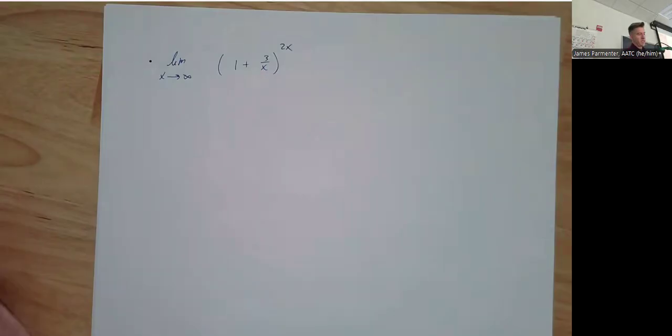And with experience, you'd be like, cool, that's going to be e to the 6th. We're going to show the work still, but here's the idea of how I'm getting that e to the 6th so easily.